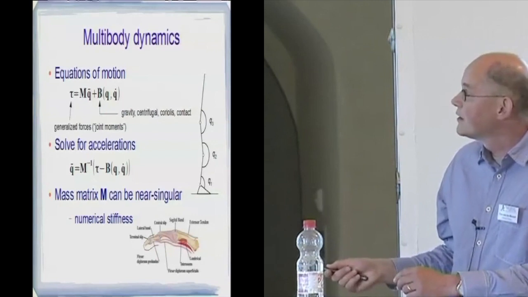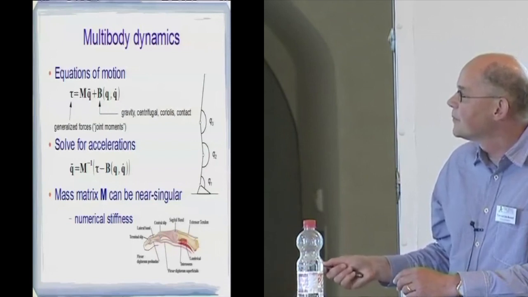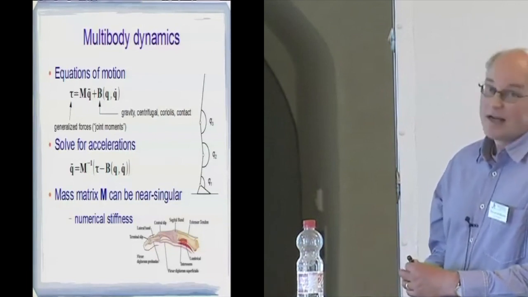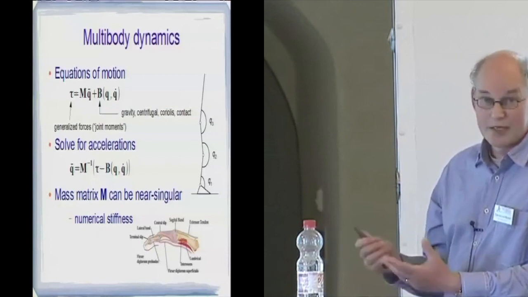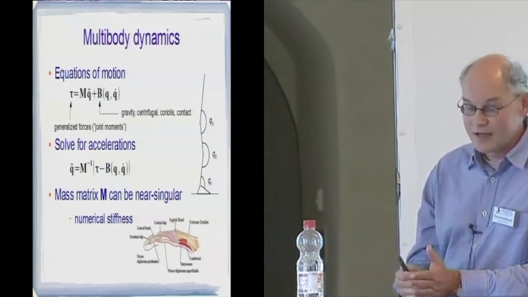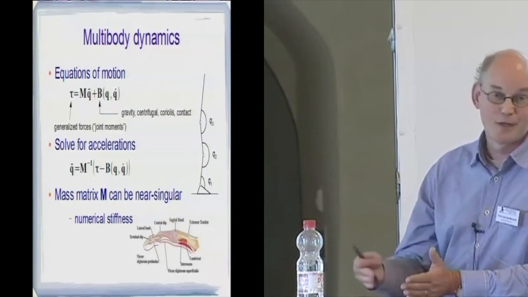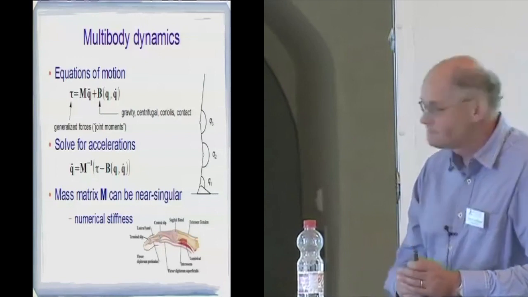So you have very high stiffness here, and then you multiply that by a matrix that has very high eigenvalues and some very low eigenvalues, and you get numerical stiffness typically. And then what you have to do is, a differential equation solver ends up taking very small time steps. And that's what numerical stiffness is.